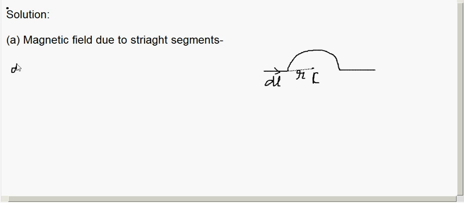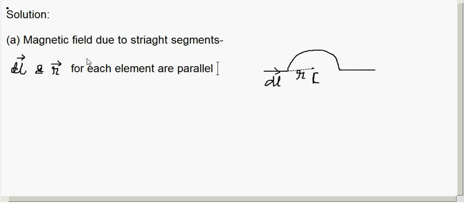so we can write the current element dl and the distance vector r for each element are parallel to each other. Or I can say angle between dl and r is 0, or cross product, you know, sin theta, angle theta is 0 here.